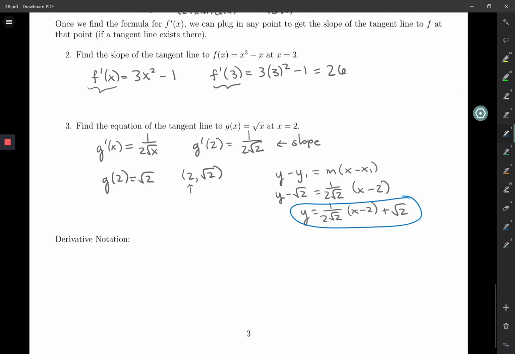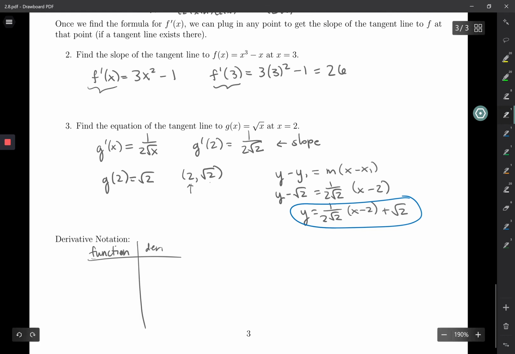So, lastly, we're just going to talk a little bit about notation. So we have this prime notation that I told you about, but there are some other ways that we might express the derivative. Depending on the way that we want to express the function, the way we express the derivative might be a little bit different.